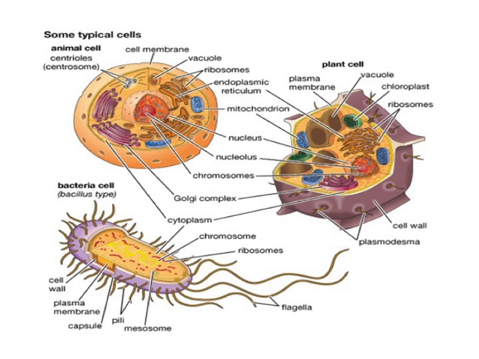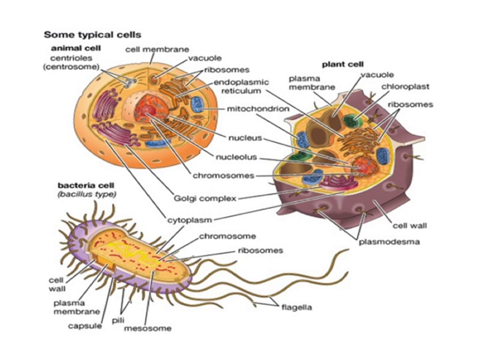In the animal cell, the cell wall is absent, whereas in the plant cell, the cell wall is present on the outer surface of the cell membrane. So, based on the presence and absence of the cell wall, these cells are classified into animal cell and plant cell.